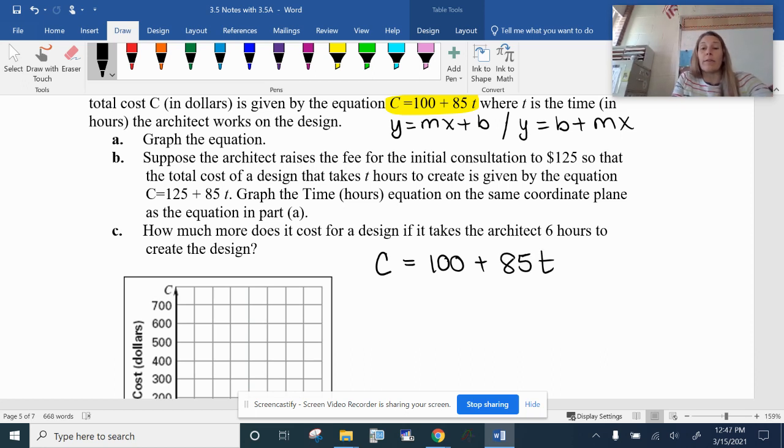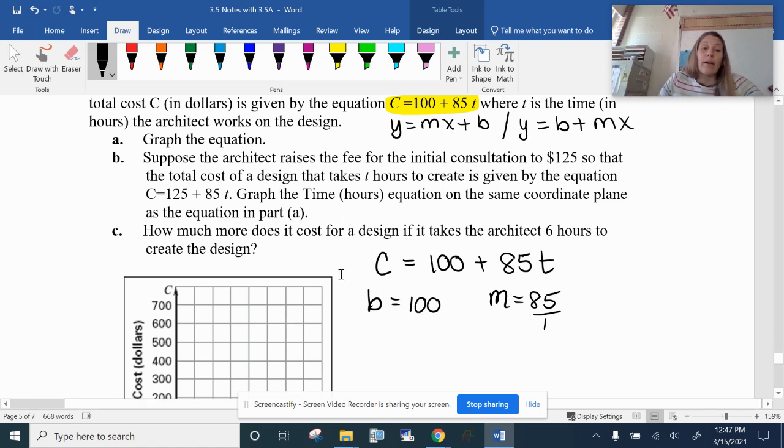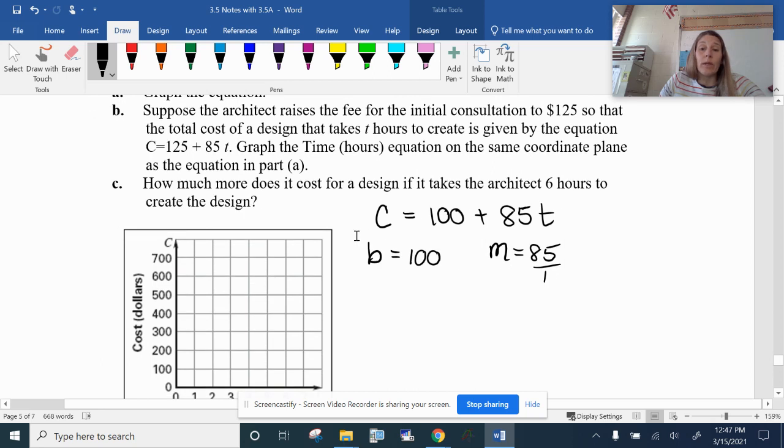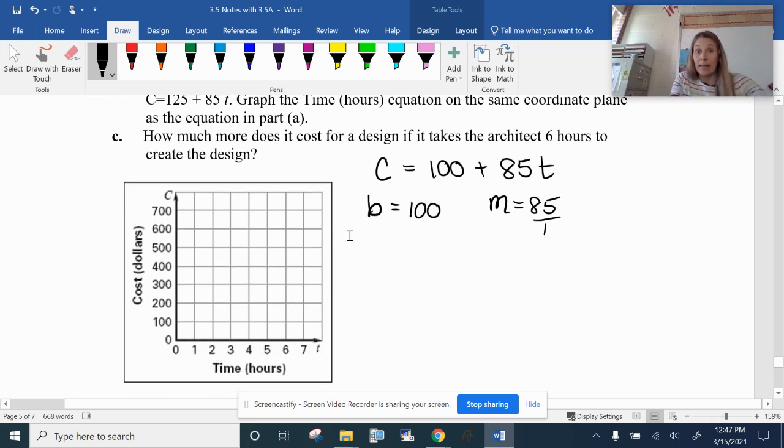Now, if we're going to graph this the way we were graphing earlier in the lesson, we would say, okay, my b value is 100, so that's going to be my y-intercept, and then my slope is 85, or you could say 85 over 1. If we were going to graph this in this format, we would first begin at the b, which is at the 100, but now we're going to have to move up 85 over 1.